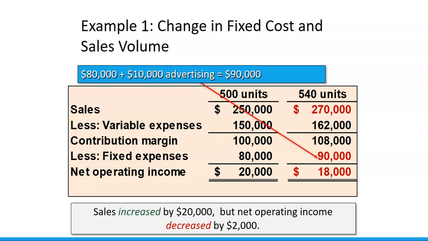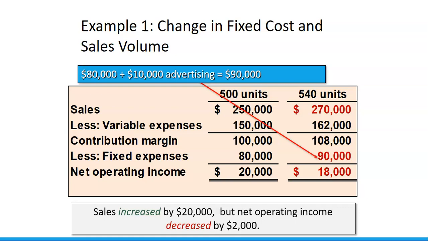That increase in advertising increased our total fixed expenses, and it resulted in 40 additional units of sales. But 40 additional units of sales, given our contribution margin of $200 per unit, was not enough to cover that additional fixed cost of advertising.